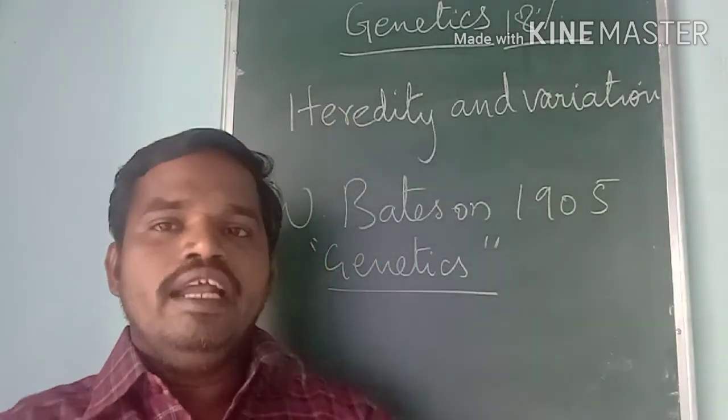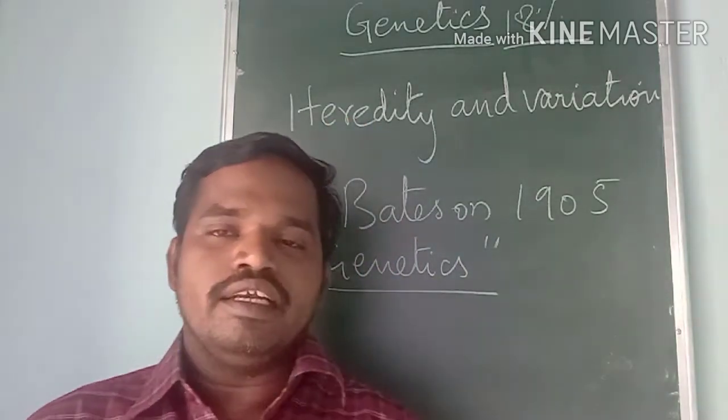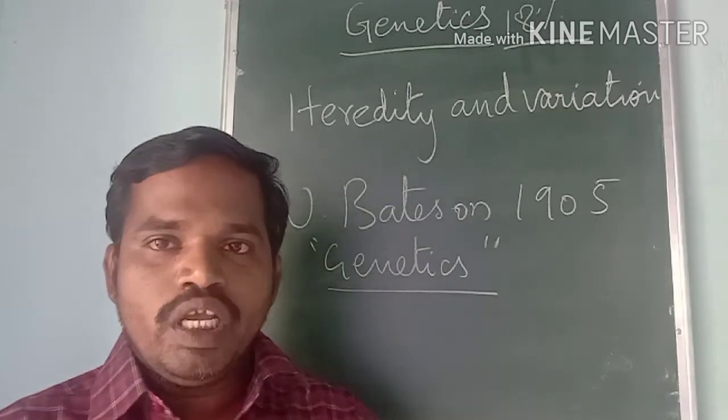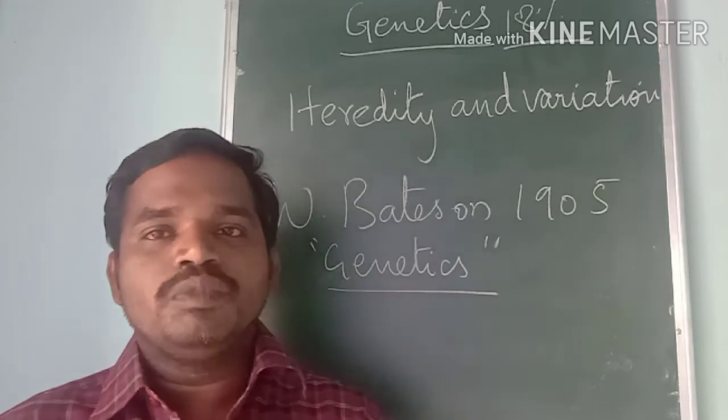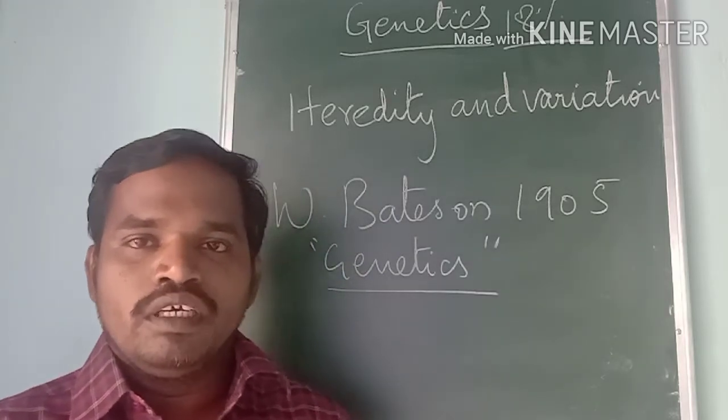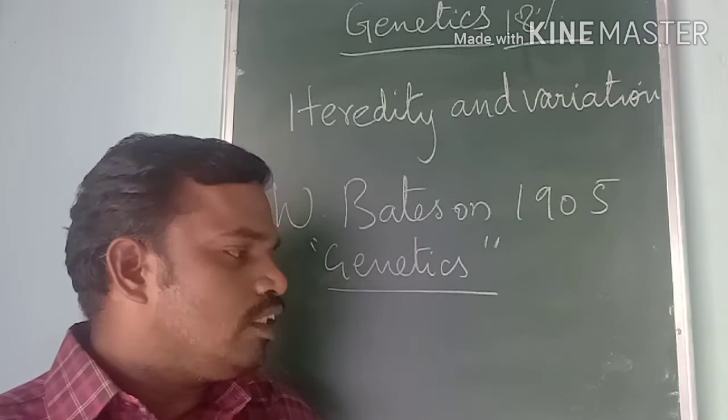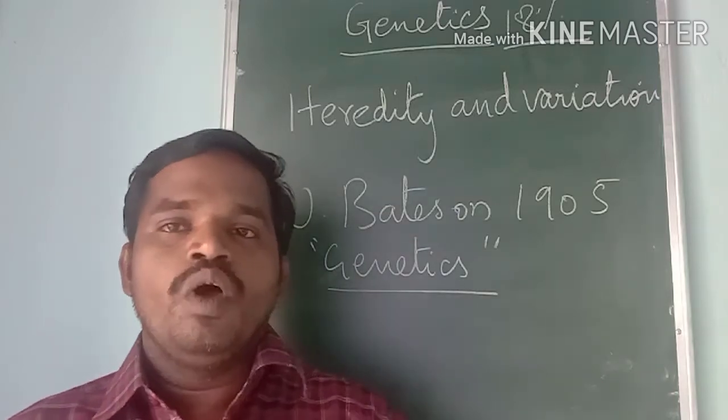All these things deal with one particular point, that is genetic material. Today we know the genetic material is responsible for the transmission of the characters from parents to offspring, from one generation to another generation.